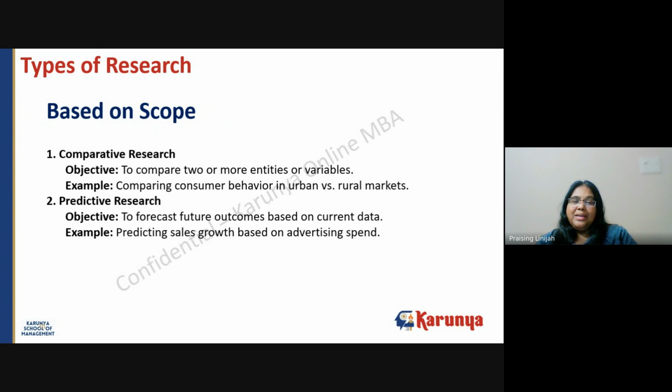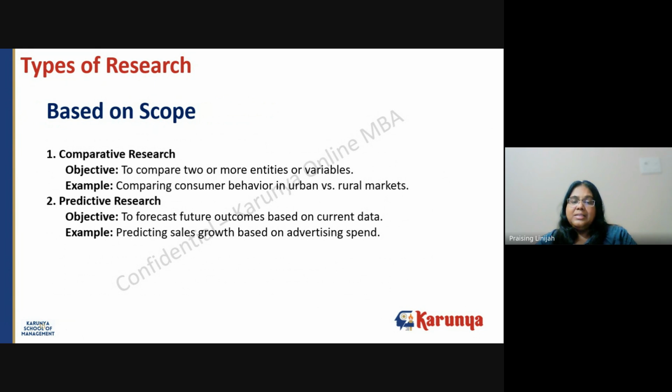Comparative research compares urban versus rural consumers, or rural consumers versus metro or densely populated areas. You focus on the population and its behavior, highlighting contrasts and similarities. Doing comparative research helps you identify which can give the best results or which can perform better than the other.